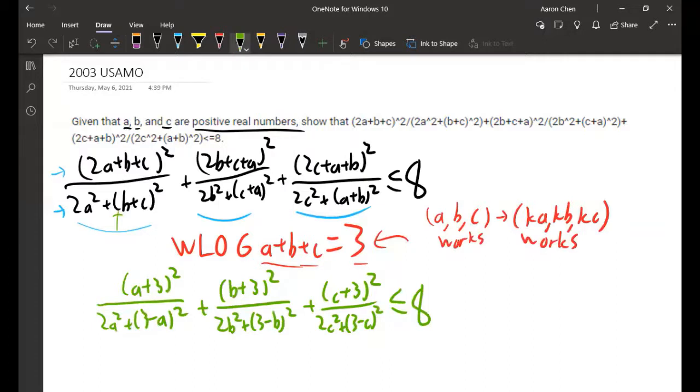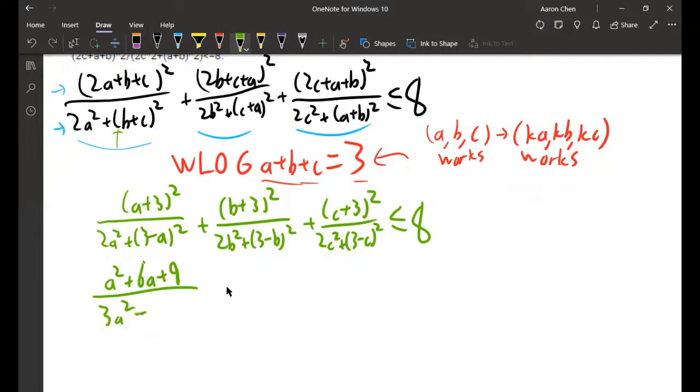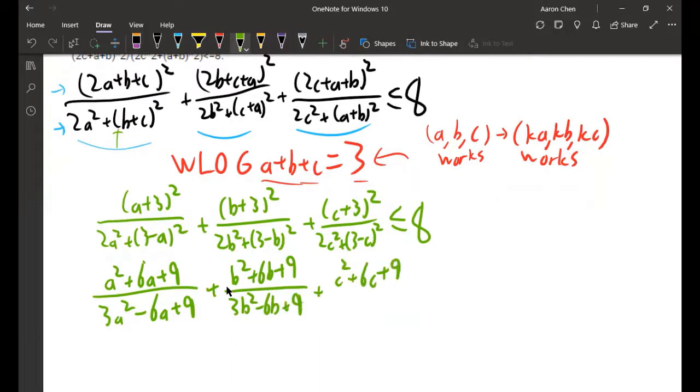Now we can expand this. That gives us a squared plus 6a plus 9 divided by 3a squared minus 6a plus 9, plus b squared plus 6b plus 9 divided by 3b squared minus 6b plus 9, plus c squared plus 6c plus 9 divided by 3c squared minus 6c plus 9.